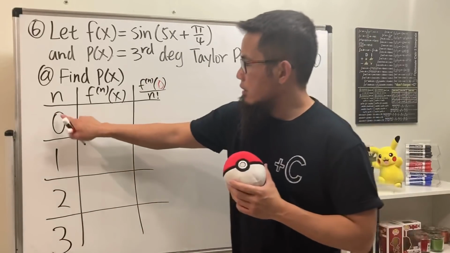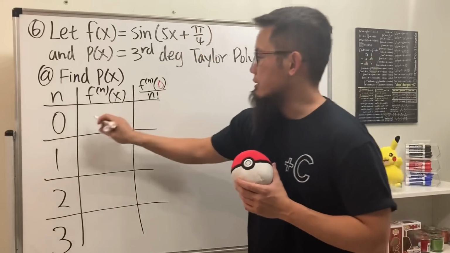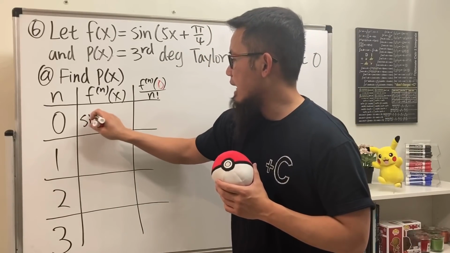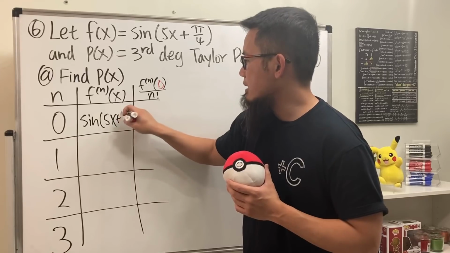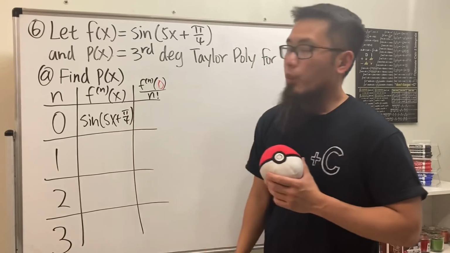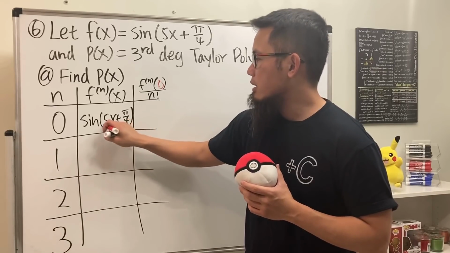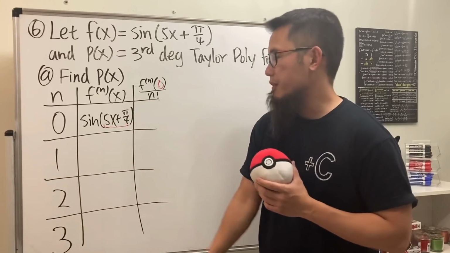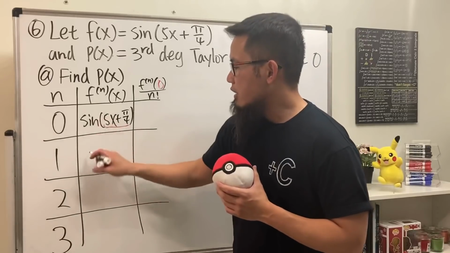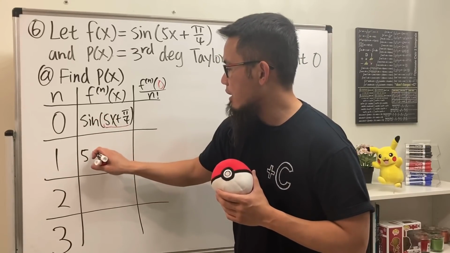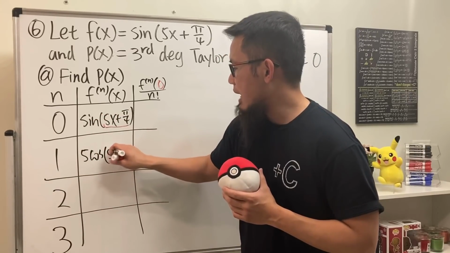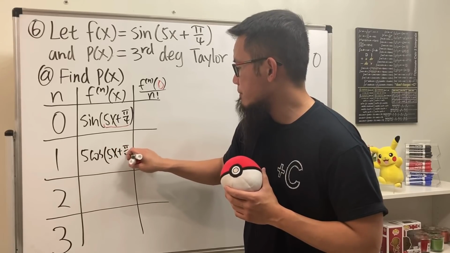Okay, the zero's derivative is just the function itself. So I'll just write down this is sine of 5x plus pi over 4. Well, differentiating this, don't forget the chain rule, right? The derivative of 5x is 5, so you have to multiply by 5. Therefore, you get 5, and then you have the cosine, and then this is 5x plus pi over 4.